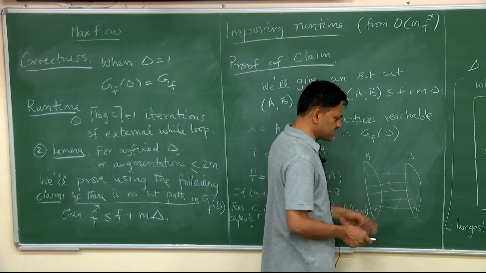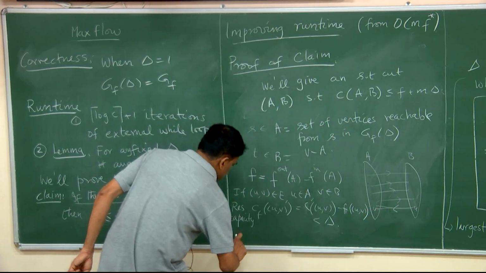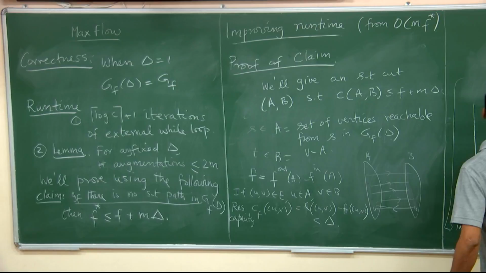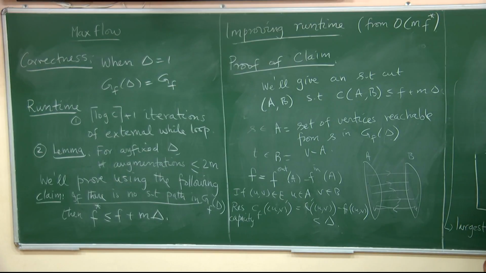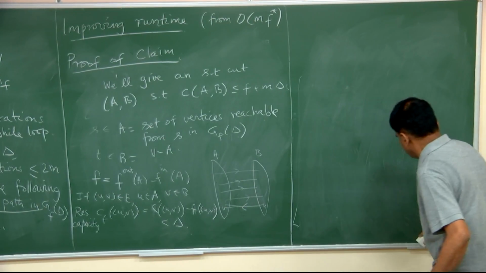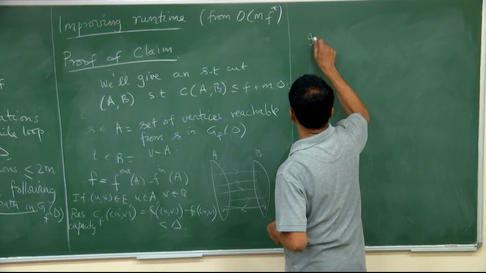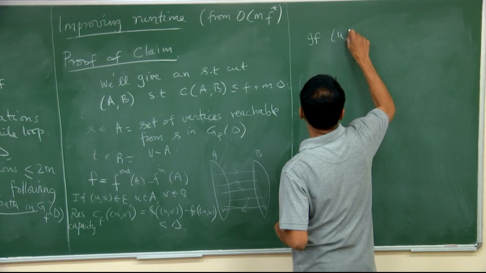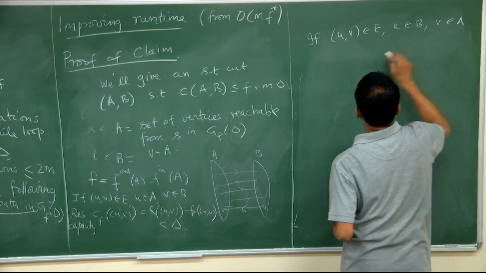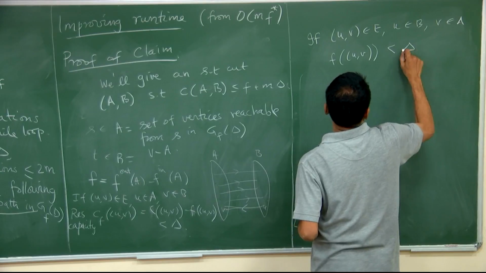Since it does not appear in GF delta, for any edge like this, its flow is less than delta. So if U is in B and V is in A, then the flow across UV is strictly less than delta.